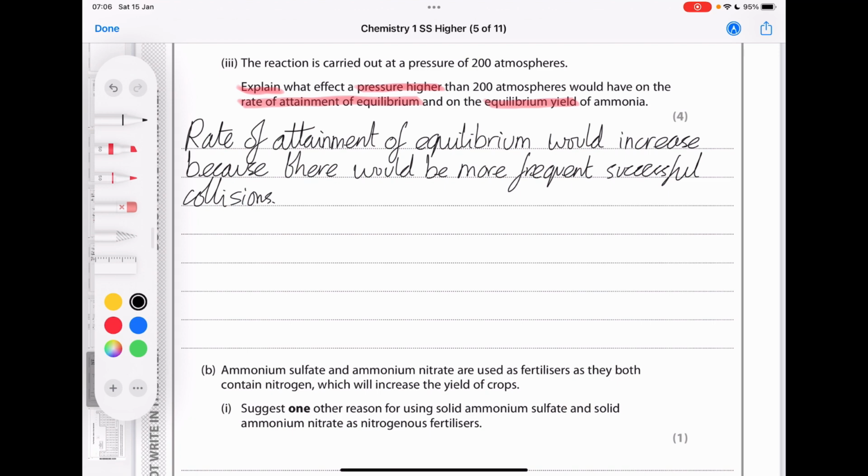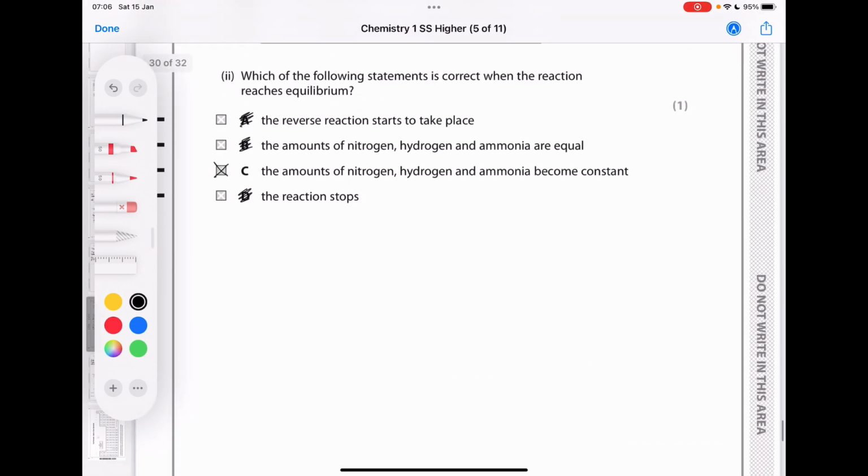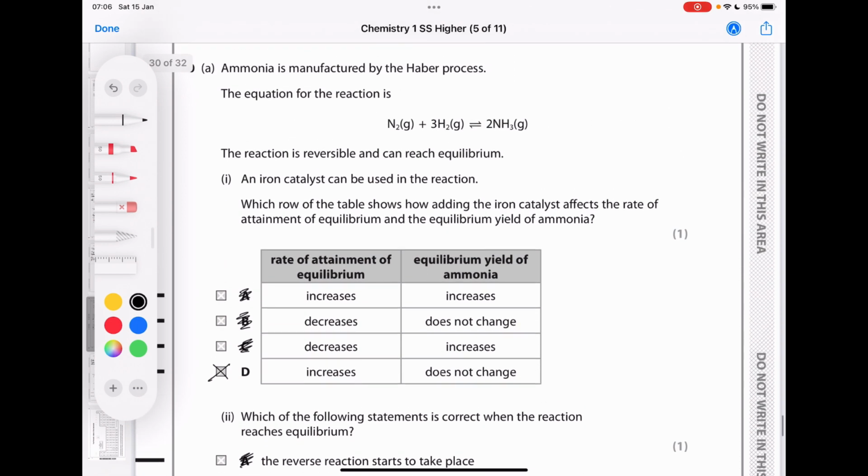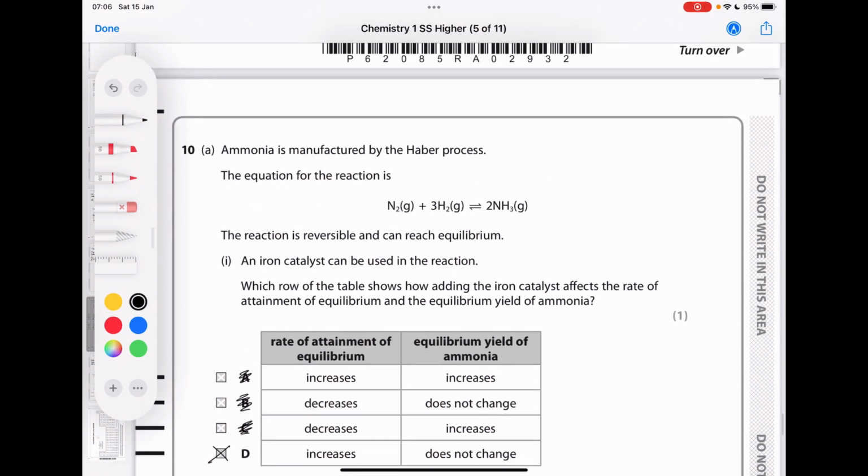Right, the equilibrium yield. We need to look at the equation and we can see I've got 1 mole of nitrogen, 3 moles of hydrogen. So on the left side, I've got 4 moles of gas in total. On the right side, I have 2 moles of ammonia.